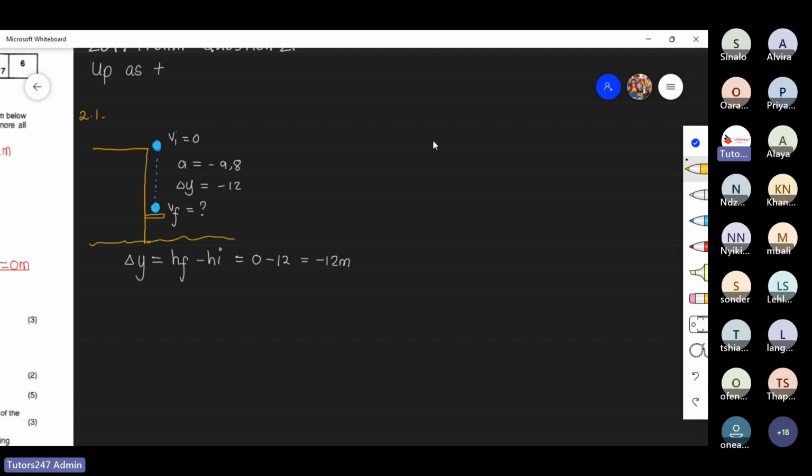The 4 formulas that we know of when dealing with vertical projectile motion are: Vf equals Vi plus A delta T. Vf squared equals Vi squared plus 2A delta Y. Delta Y equals Vi delta T plus 1 over 2 A delta T squared. And finally, delta Y equals a half into Vi plus Vf times delta T.